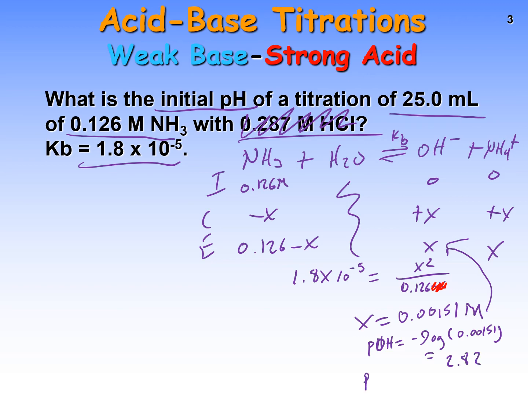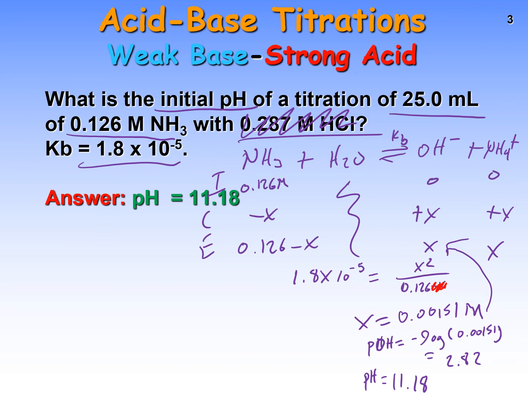Now my pH is 14 minus that, so if I do that calculation, I get a pH of 11.18, rounding-wise. Hopefully this makes sense because we have the initial pH, and all we have is weak base in the solution, so we should definitely expect a pH above 7, which is what we have here.